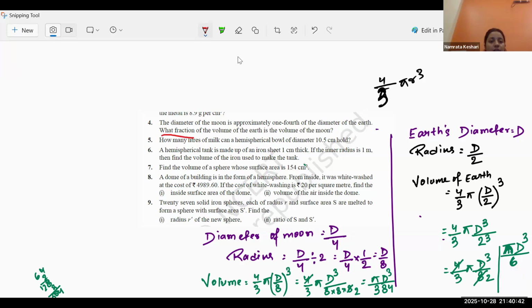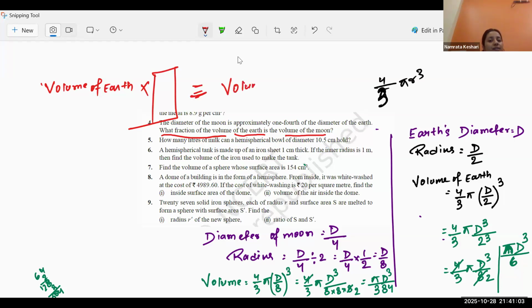What fraction of the volume of earth is the volume of moon? Volume of earth multiplied with what fraction is equal to the volume of moon. Making sense? Yes, ma'am. This way your answer should be there.